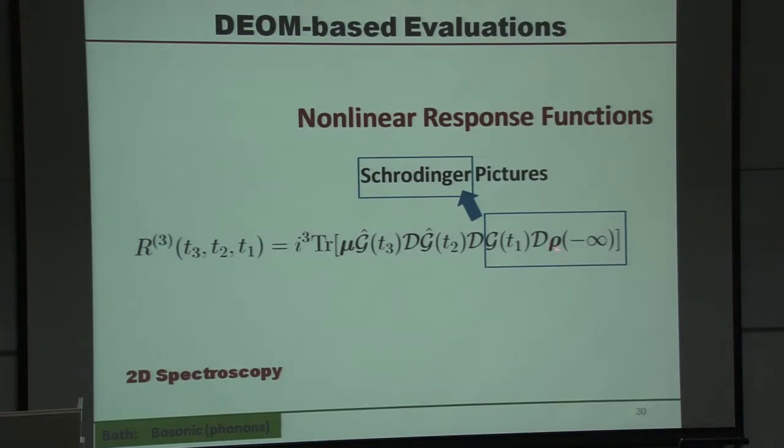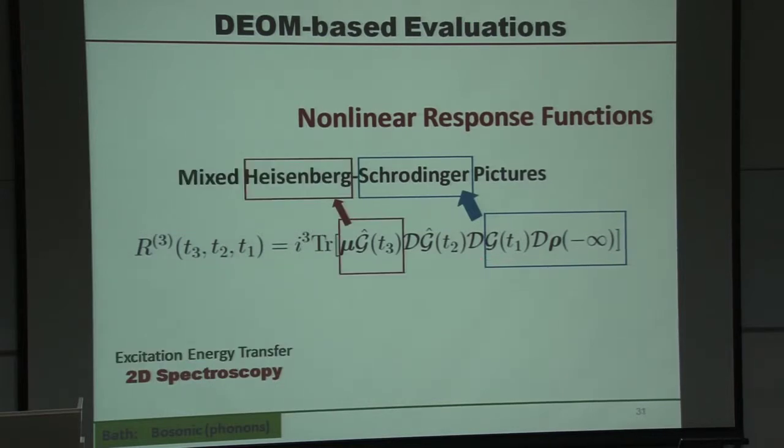You can propagate the total density operator now not in the ordinary Liouville space, but in a dissipaton dynamic space. You need to consider the whole dissipaton dynamic space. You can have a Schrödinger picture, and you can have a Heisenberg picture.